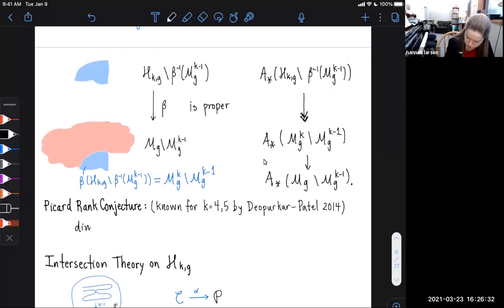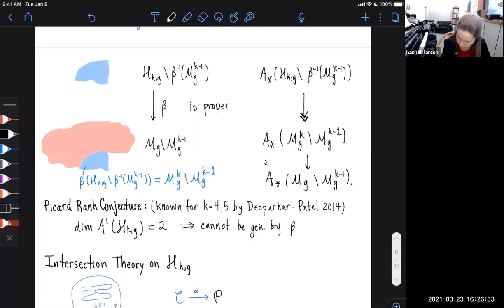And it says that the dimension of the space of codimension 1 cycles on the Hurwitz space should be 2. So in particular, this group cannot be generated by the pullback of kappa 1. So to make this idea work, we're going to need a better understanding of intersection theory on low-degree Hurwitz spaces.